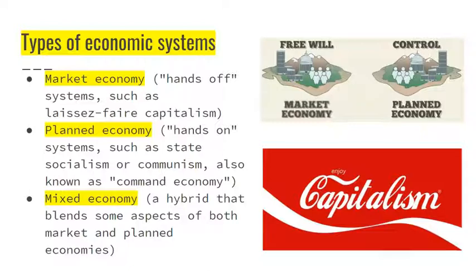It's just a question of how much planned versus how much market is in the mix. We are mostly market with just a touch of planned, and China is a bunch of plan with just a touch of market. Two different extremes, if you will. So there you are, our three different types of economy.